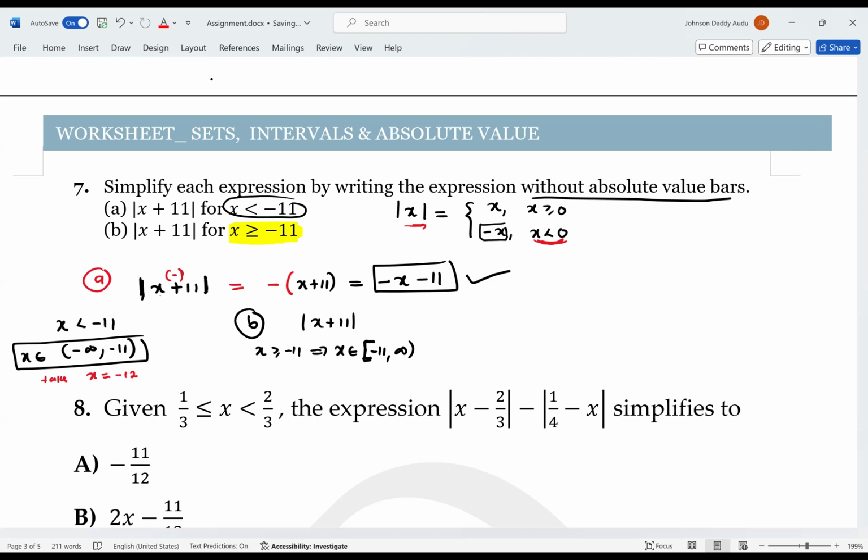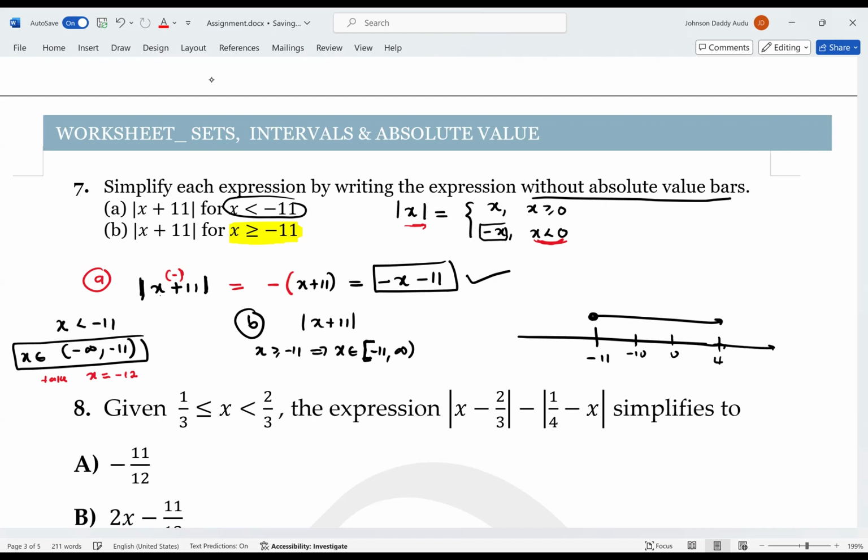Now, if you take minus 11, you are going to have minus 11 plus 11, which is just 0. But that will not really help us, so we can take another number. You can take something like 0, because you have minus 11 closed, so you can take any number here. For example, minus 10, 0, 4.